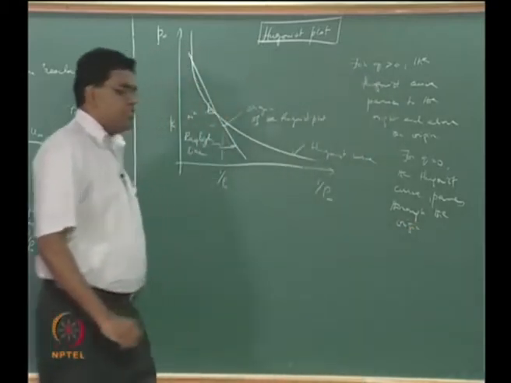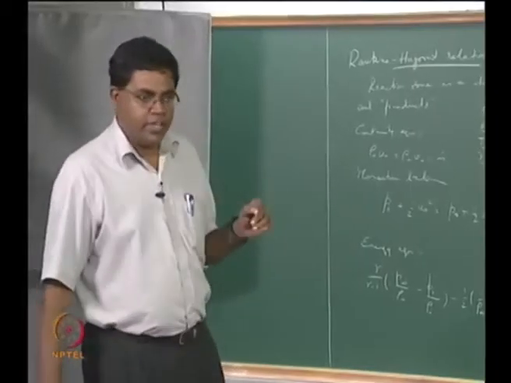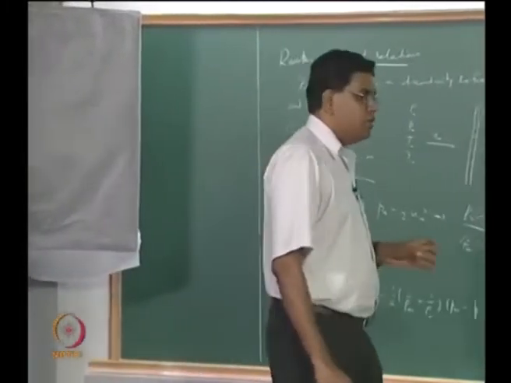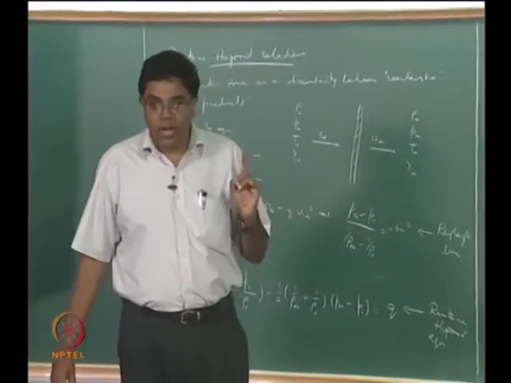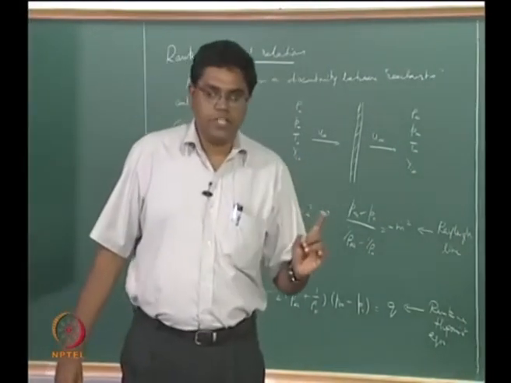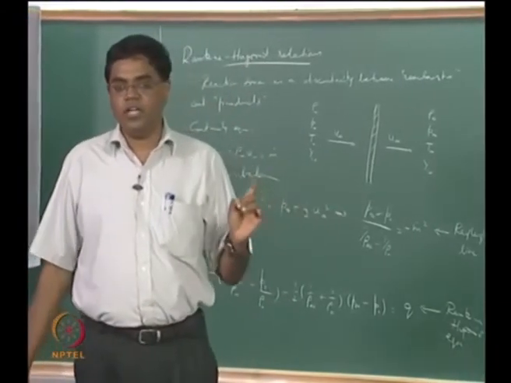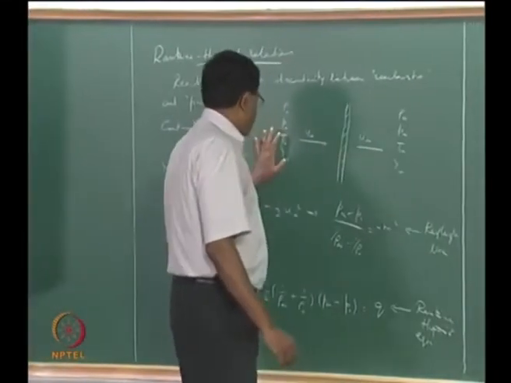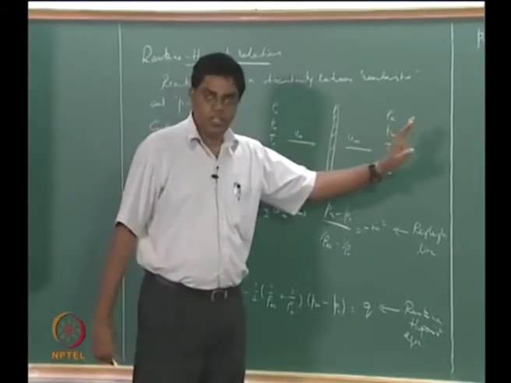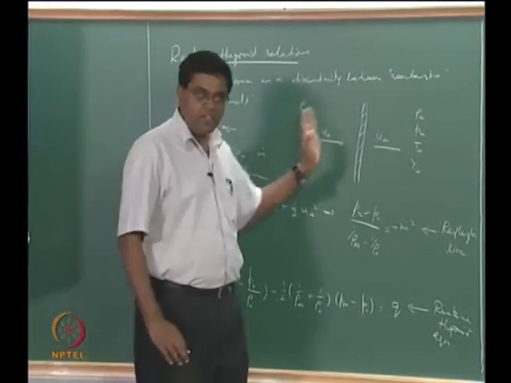Now what is Q? Q is essentially the negative of H infinity naught minus H naught naught, and H infinity naught and H naught naught are in turn the sum over i equals 1 to n of y_i naught times delta H_f,i naught, and the sum over i equals 1 to n of y_i infinity times delta H_f,i naught. It is only because of the compositions at the naught condition and the infinity condition that these differ, since delta H_f,i naught is the same for both because it is a standard heat of formation.